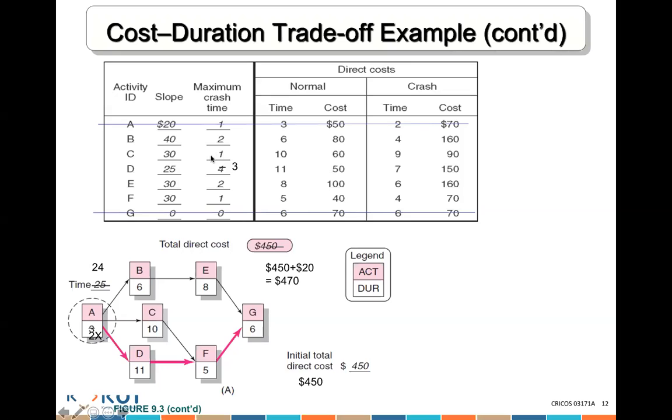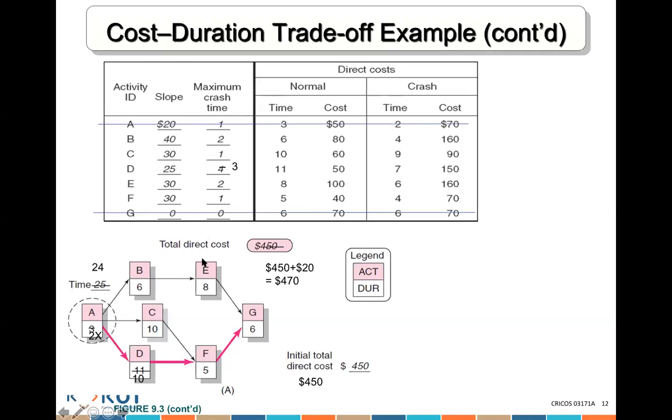And instead of putting 4 here, because you're crashing it by 1 period, you will put 3, which means you can now have 3 more periods you can crash it by. And instead of the 11s, you put a 10. So how much more than 470 is it going to cost you? 495. Exactly, 470 plus 25 equals 495.